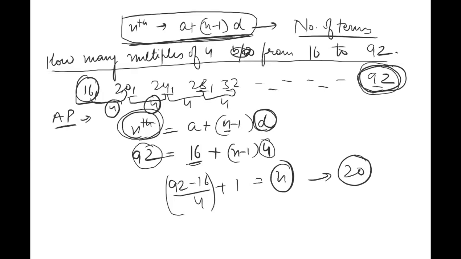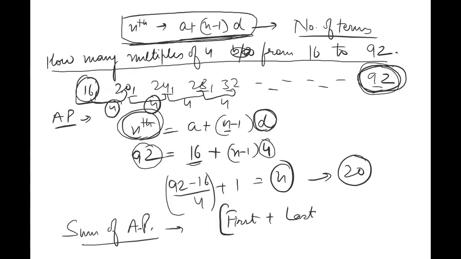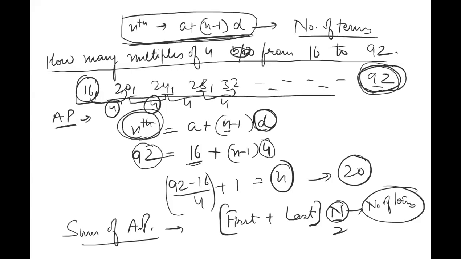Is that okay? Then there is one more formula, for the sum of an AP. That is given by first term plus last term into n by 2, where n is the number of terms. So for example, if we want to find the sum of all these numbers, first is 16, last is 92, and the number of terms comes out to be 20.